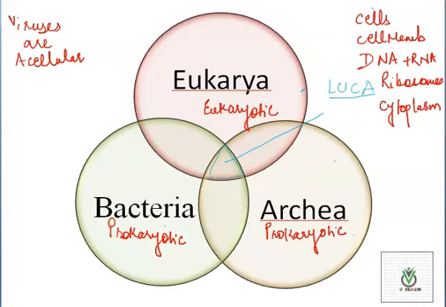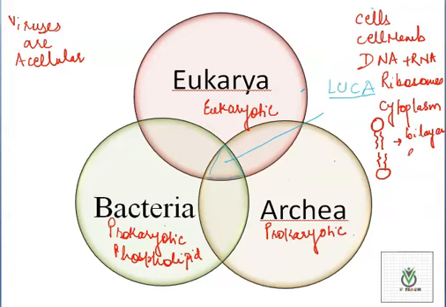Now we come to the cell membrane. The cell membrane is made up of phospholipids. A phospholipid is a structure which has a head and a tail. Now in bacteria and in eukarya, this phospholipid layer is a bilayer. That means 2 layers of phospholipid molecules are present, and the bonds which are present here are ester bonds.